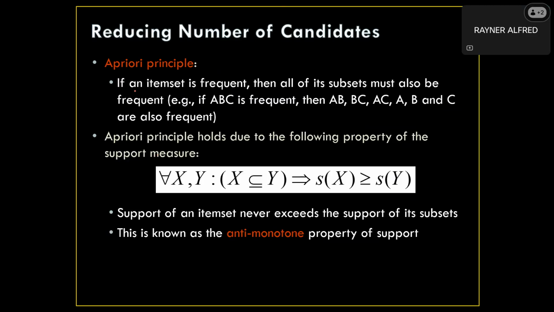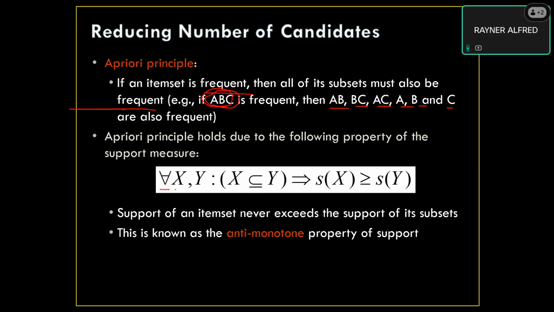Based on this principle, if an item set is frequent, then all of its subsets must also be frequent. For example, if this is frequent, and you break it into subsets, they are also frequent. This is the basic property of the support measure here.